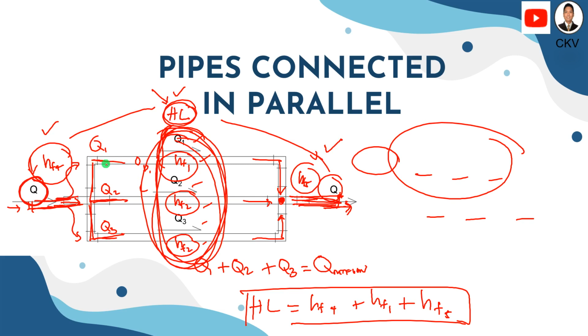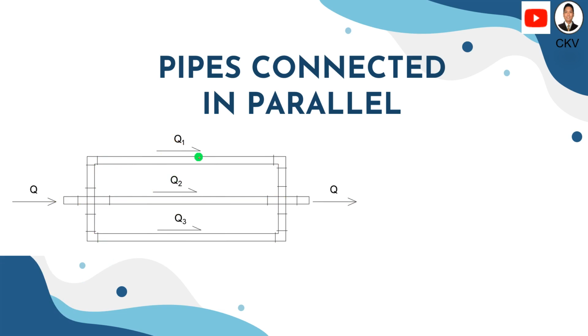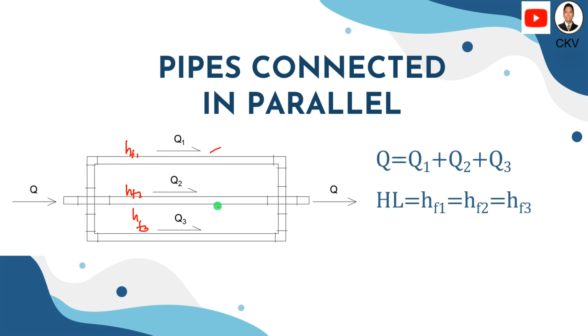But again, for parallel pipes, their head losses are the same, because we can use that property in solving some unknown values in a problem.